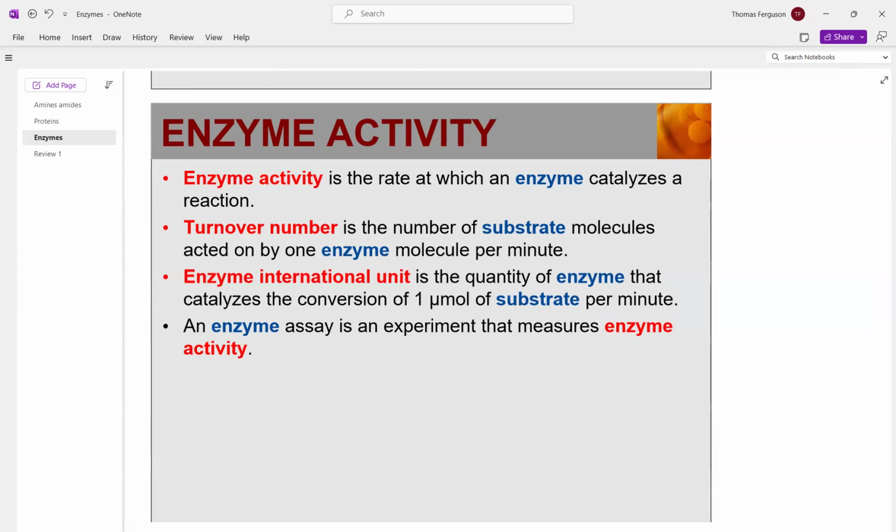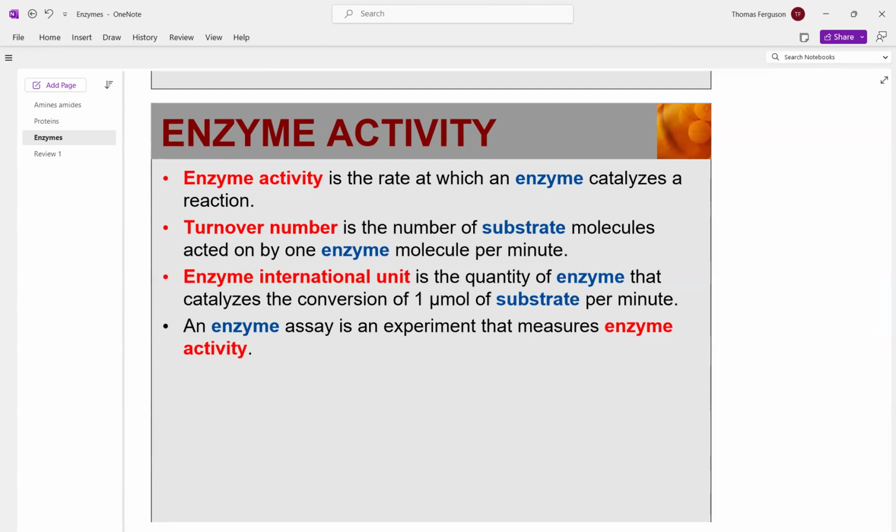To measure the activity, we use something called a turnover number. And then when they do something called an assay, that's when they determine these turnover numbers.